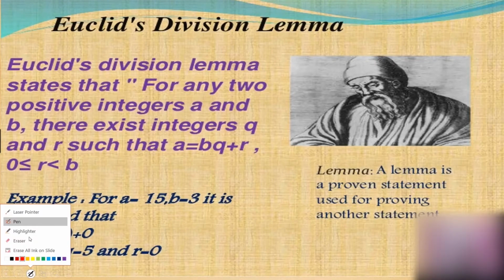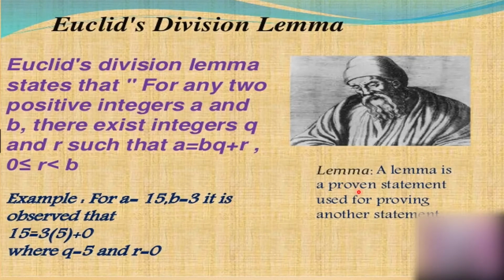A lemma is a statement which has already been proved, and is just to be used for proving other statements. And Euclid's division lemma, because it is related to division and it was introduced by Euclid, a great mathematician, that's why its name is Euclid's division lemma.